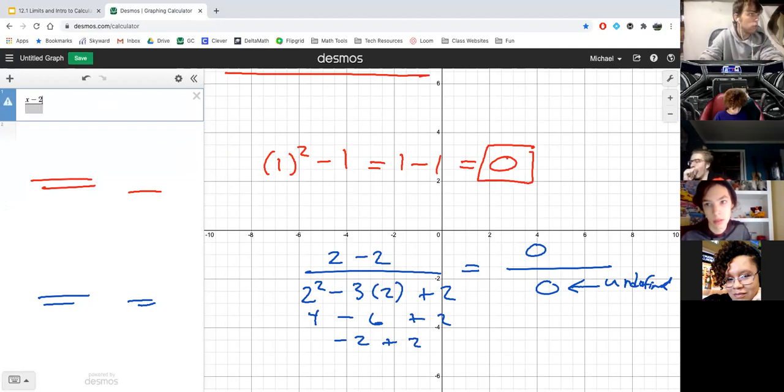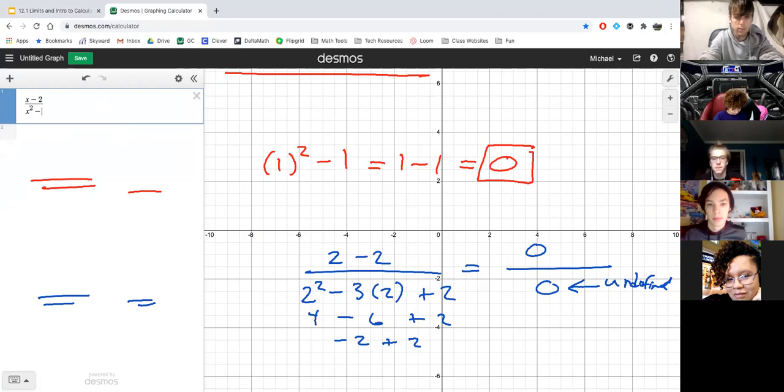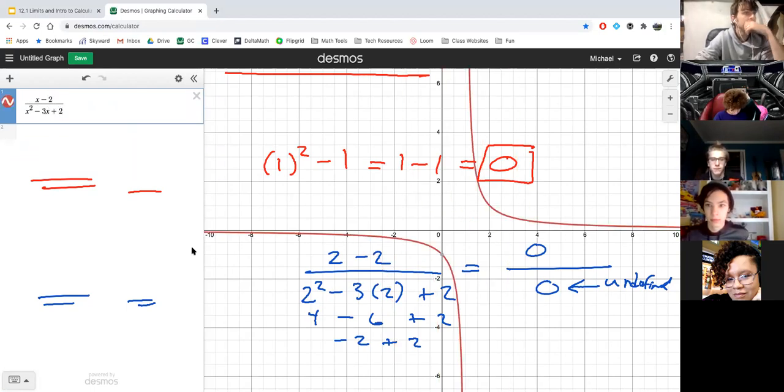So x minus 2 over x squared minus 3x plus 2. Okay. Interesting. I'm going to clear my drawings.